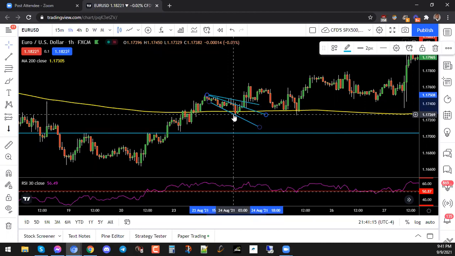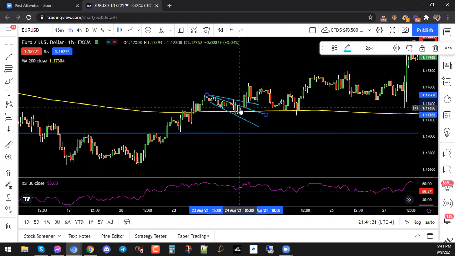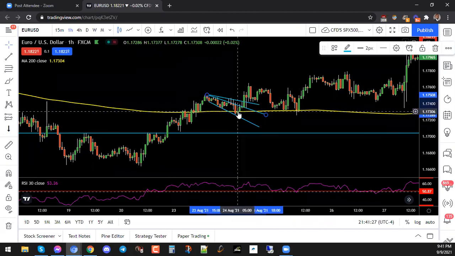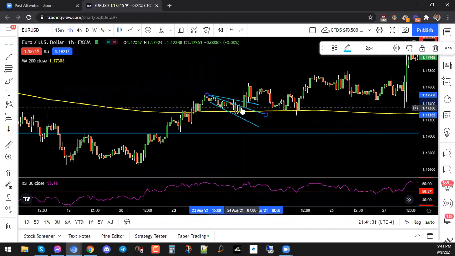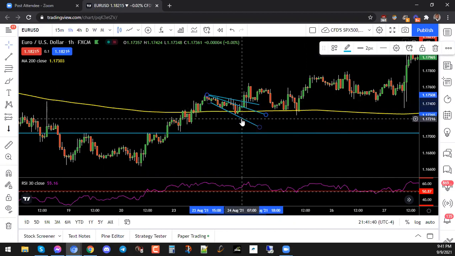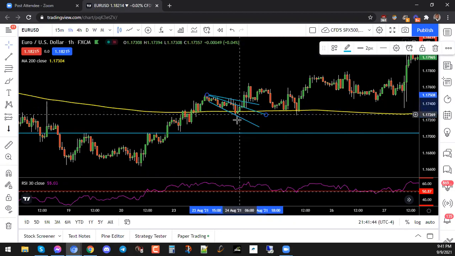So if you went long, set your stop below the low, and you hold on to your trade, see if you get a breakout. In this case, you can see here the price goes up, hits the wick to body trend line, closed inside the pattern. It gave us another candle, hit the wick to body, closed inside. It also hit wick to wick, closed inside. And then we have price basically breaking out to the upside.